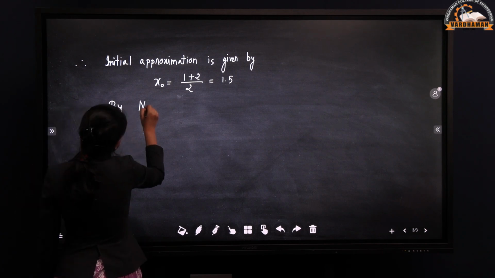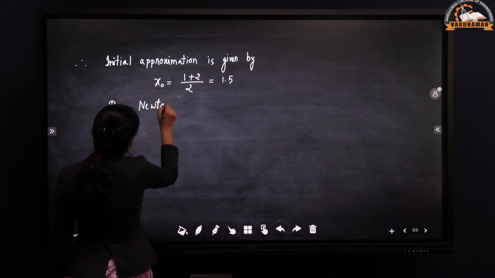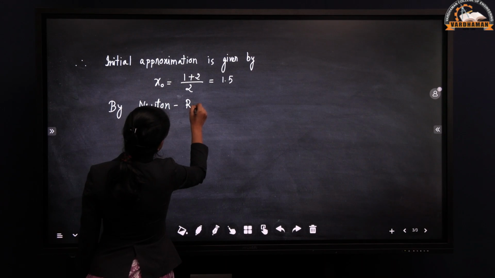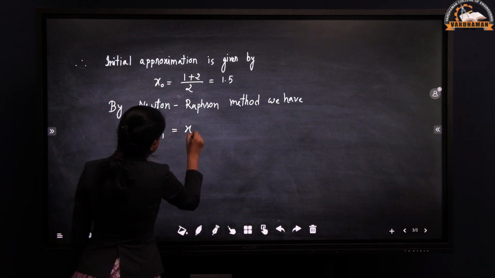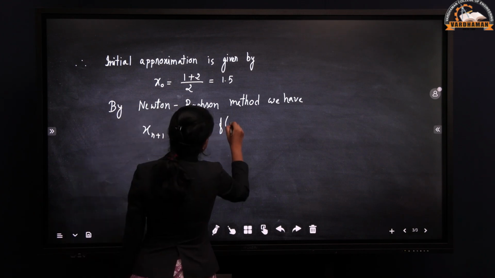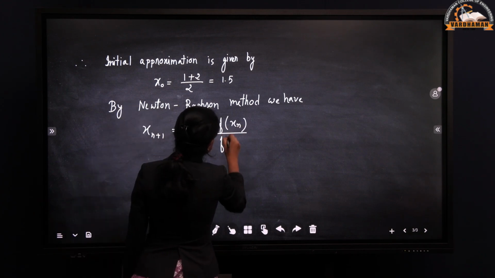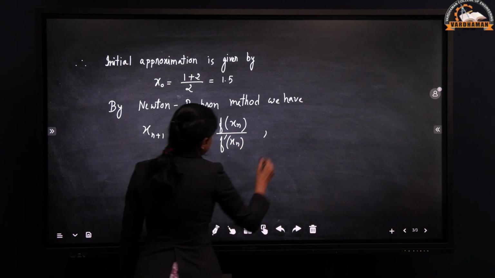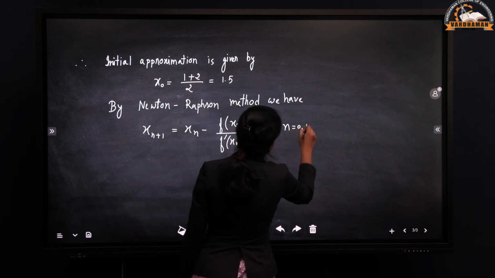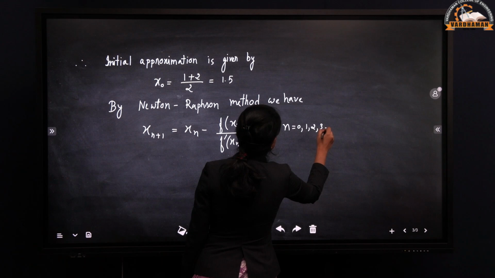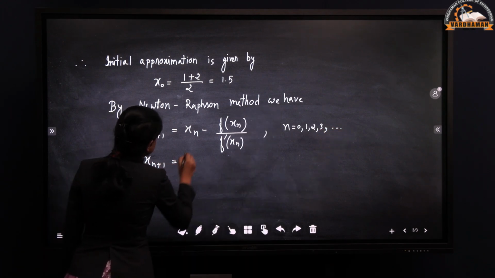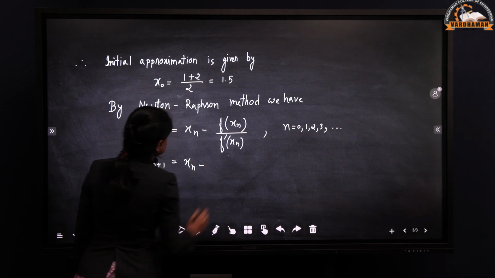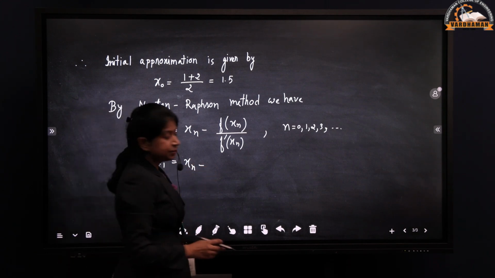Now, by Newton-Raphson method, what we have? By Newton-Raphson method, we have xn plus 1 is equal to xn minus f of xn by f dash xn for n equal to 0, 1, 2, 3 and so on. Here this will be xn plus 1 and this is xn minus, what is f of xn here?